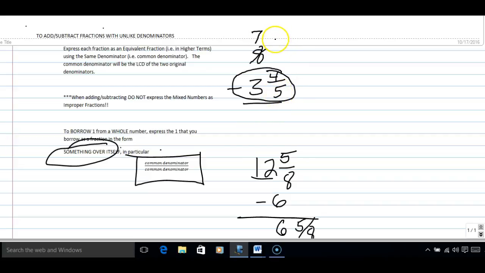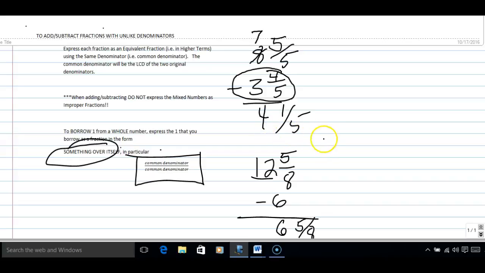So the 1 that I borrow, I'm going to express as 5 over 5. 5 over 5 is 1. That's the 1 I borrowed. 7 and 5 over 5 is equivalent to 8. But now I can subtract 4 from 5, which gives me 1. And now I can subtract 3 from 7, which gives me 4.